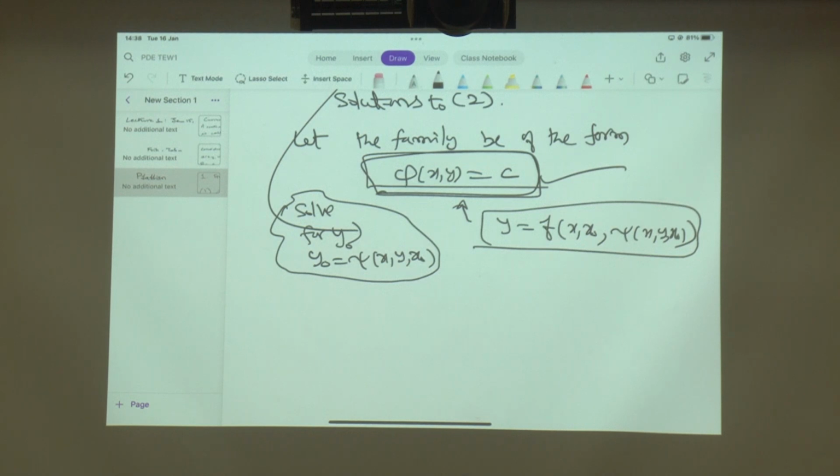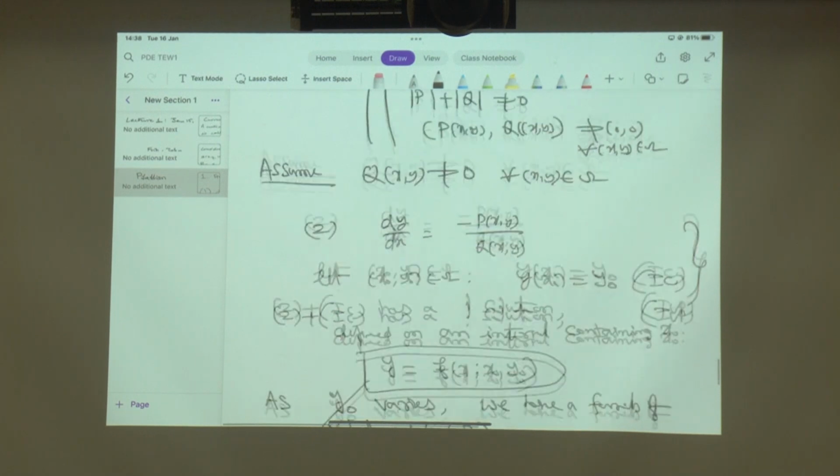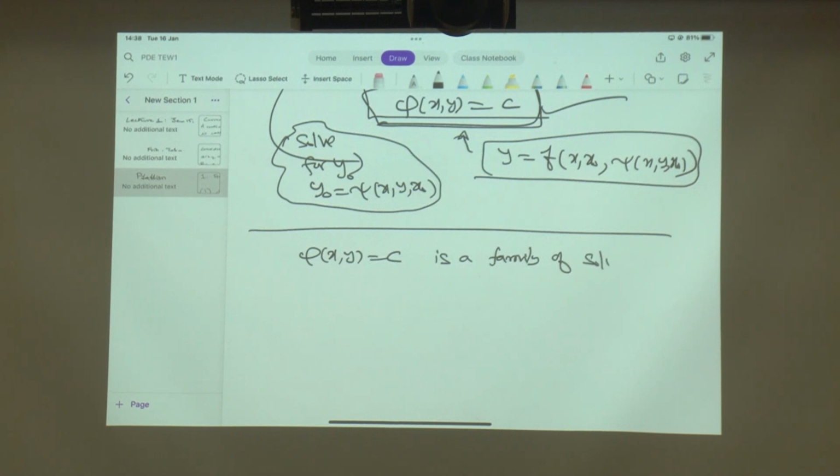So this is phi of xy equal to c is a family of solutions to the equation 2, the ODE, which is dy by dx equal to minus p by q.